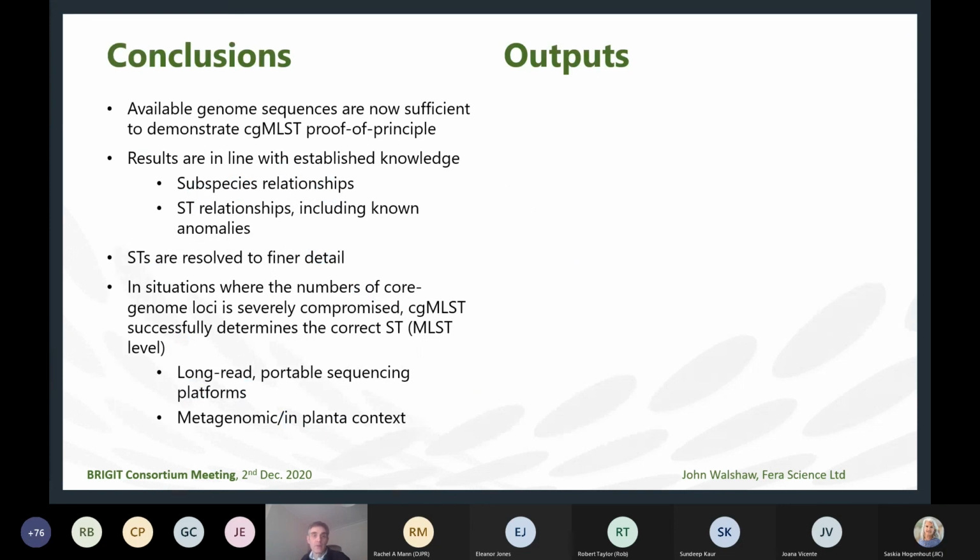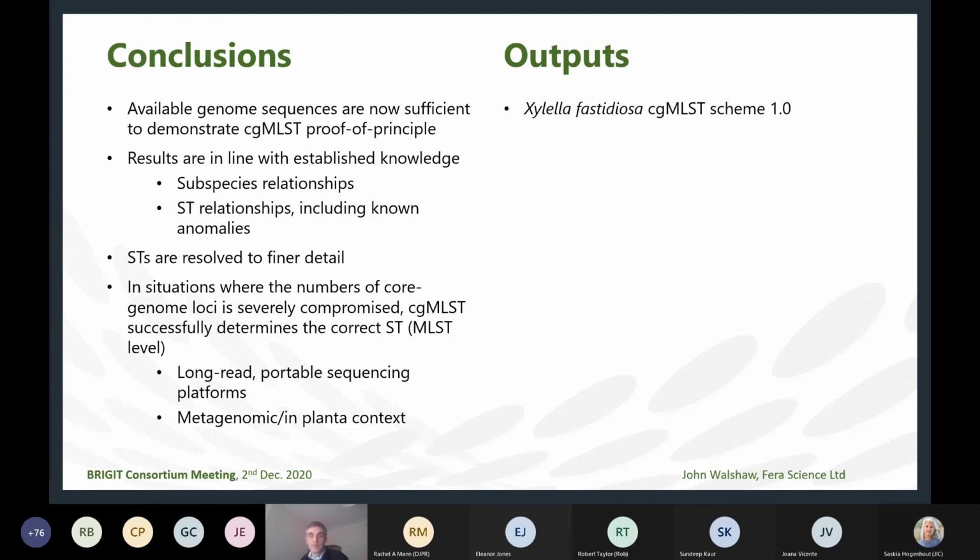So the conclusions, though, are basically we've got proof of principle now, both in terms of the genomes available and the software. The results are in line with established knowledge. We're getting finer detail with the sequence types, and where we've got severely compromised numbers of core genes, we can still get something which looks like it's getting the correct MLST type.